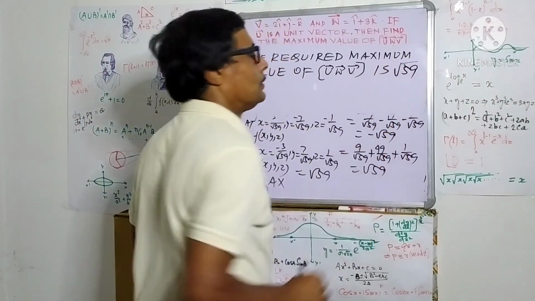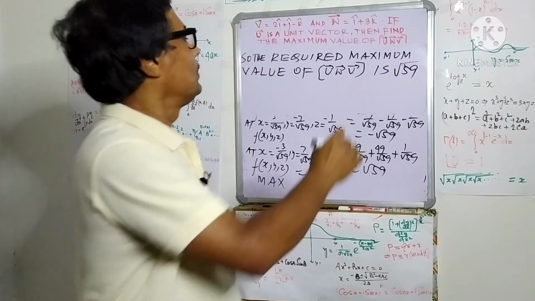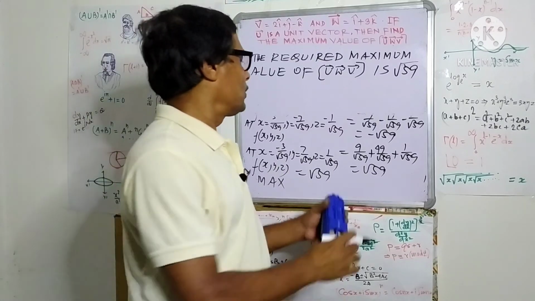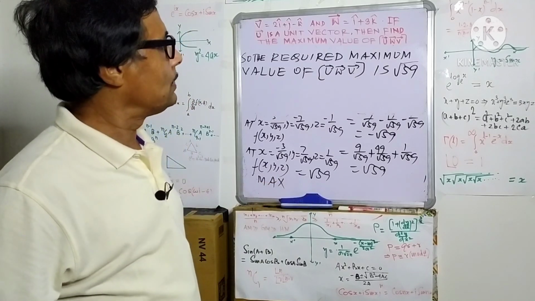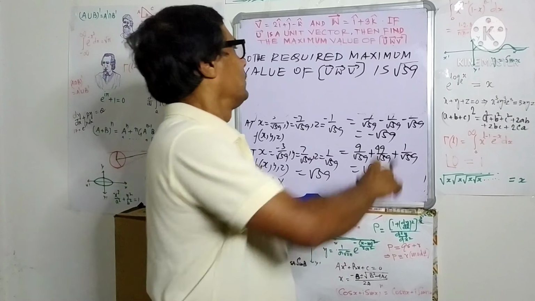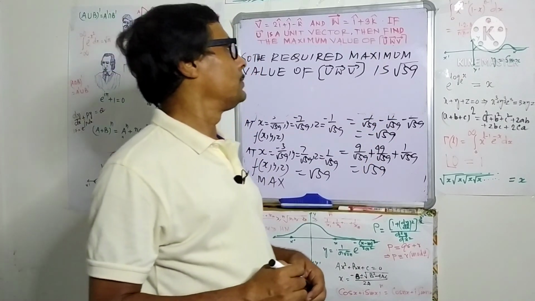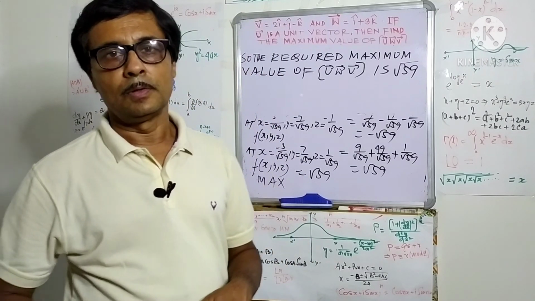Thus we have derived the maximum value of the box product UVW. Here U is an arbitrary unit vector and V and W are two given vectors. We have found the maximum value of the box product of three vectors UVW. Thanks so much for watching my video. See you next.